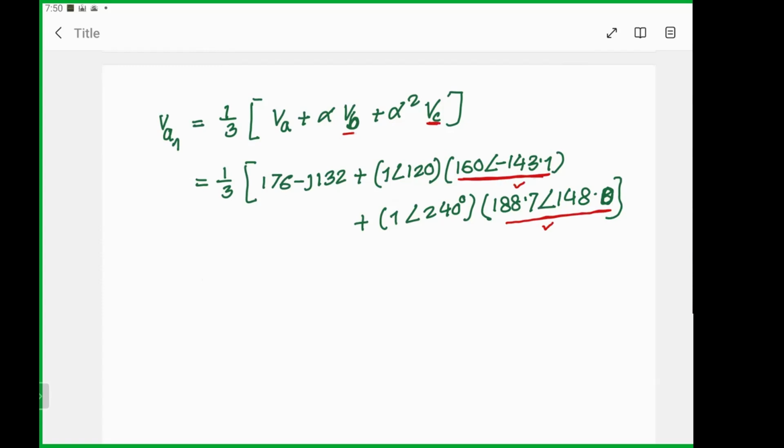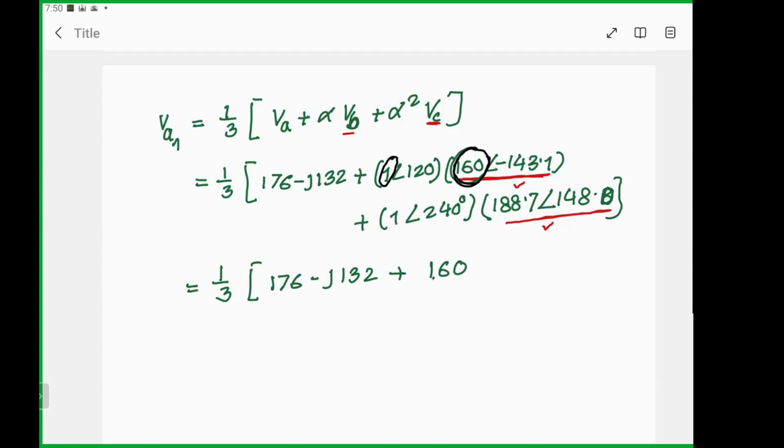Then we'll do the calculation now. 1/3, and then 176 minus j132 we will not change. Plus this one will remain 160 because I'm multiplying this one with this one.